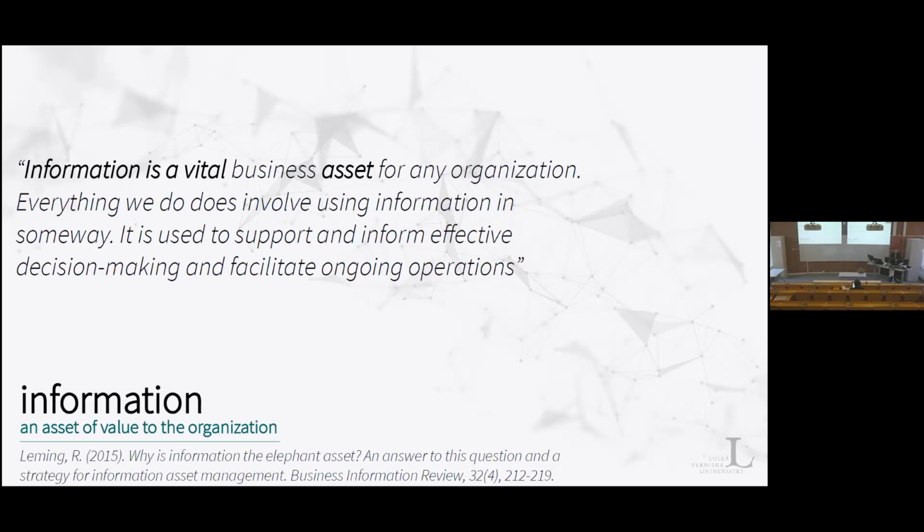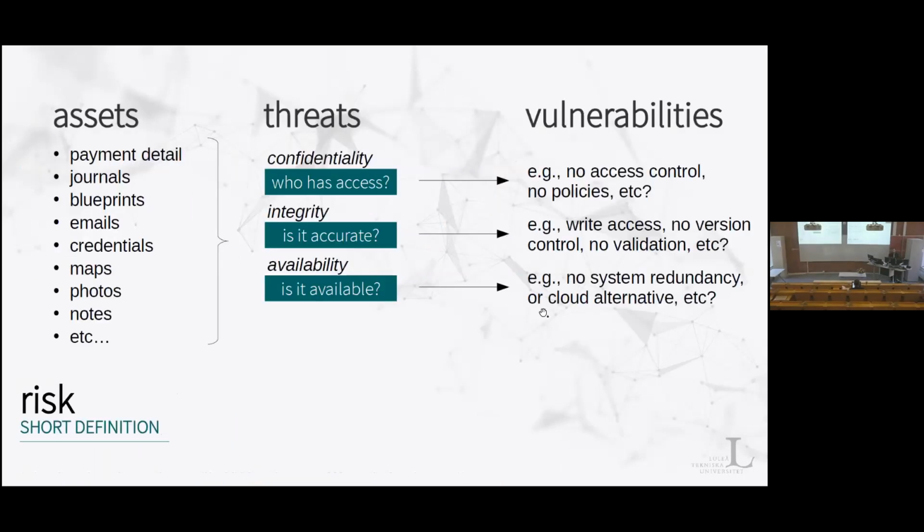So what is risk then? Well, risk can be said to consist of three parameters: assets, threats, and vulnerabilities. The assets, that's what we just talked about, the information that we need to protect in our organization, that which supports our operation, what we value.